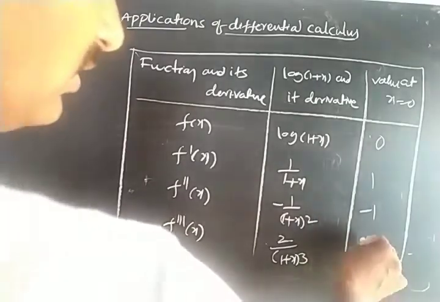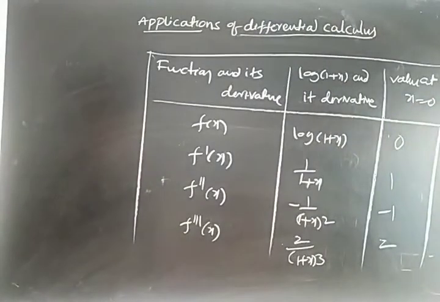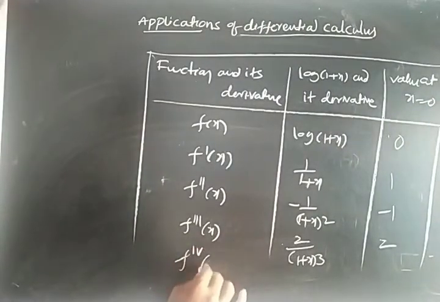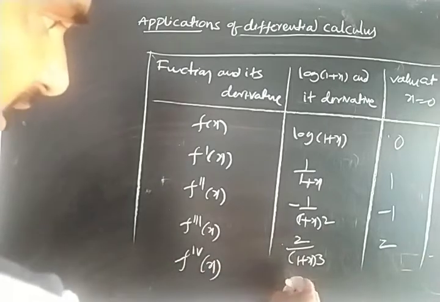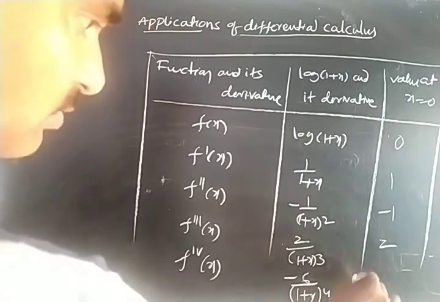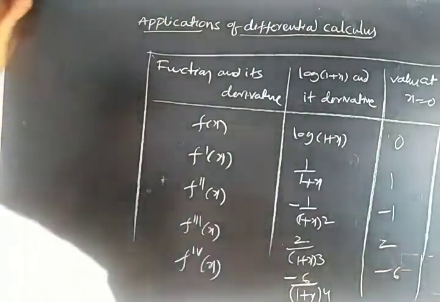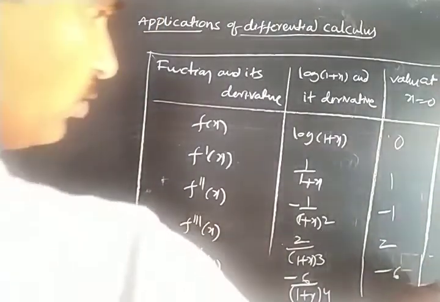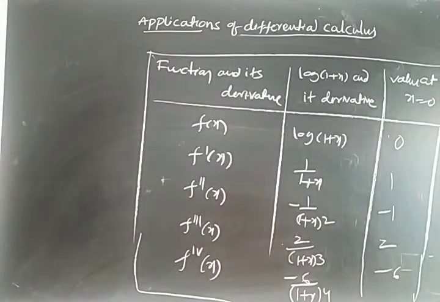By substituting 0, you will get 2. Next the fourth derivative of x, you will get minus 6 by 1 plus x whole to power of 4. By substituting 0, minus 6. So he is asking 4 terms, no? So we got 4 terms.